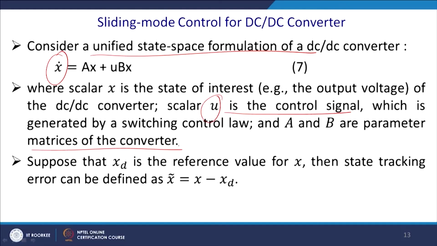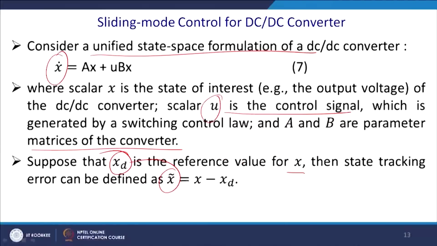Suppose xd is a reference value of x. You know it is generally its RMS value, whatever the rating. Then the state tracking error can be defined as x delta. So, you want this voltage to be 48 volt.